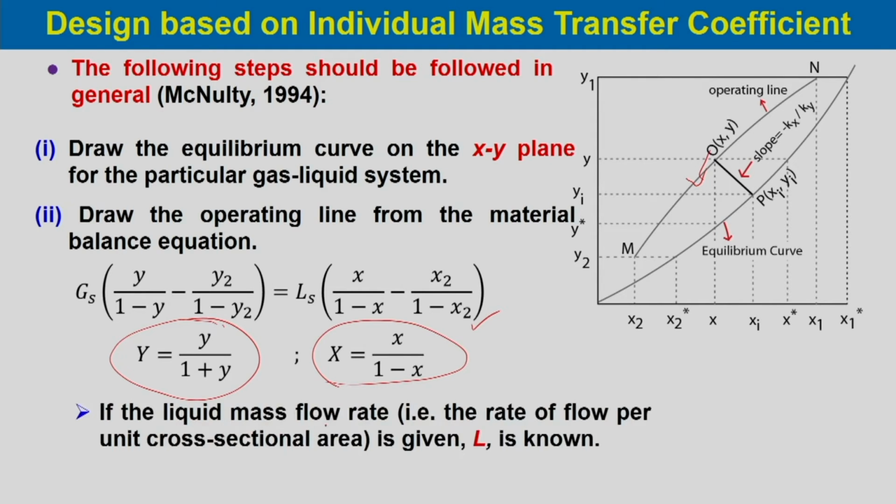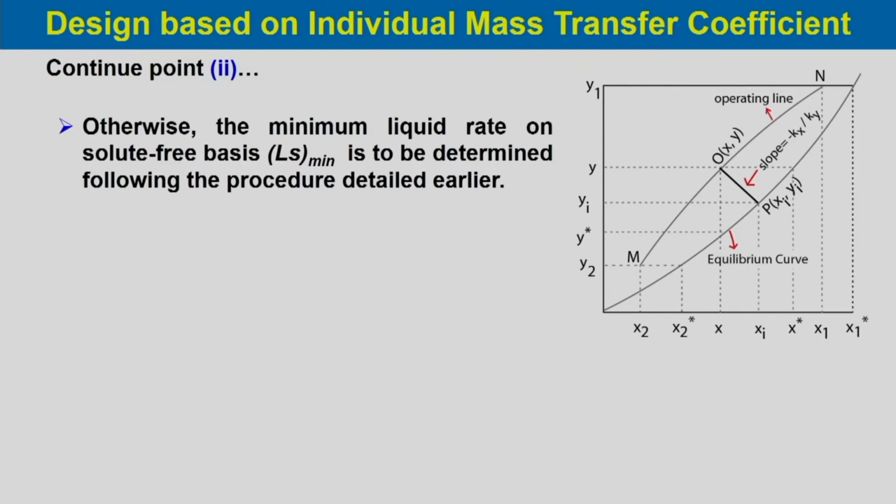If the liquid mass flow rate, that is the rate of flow per unit cross sectional area, is given as L and is known, in that case the minimum liquid rate on the solute free basis, L min, is to be determined following the procedure detailed earlier.